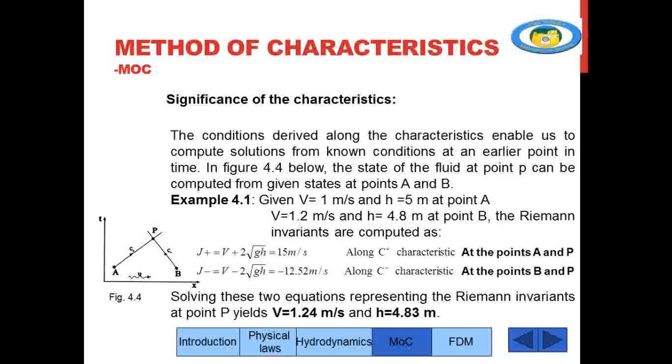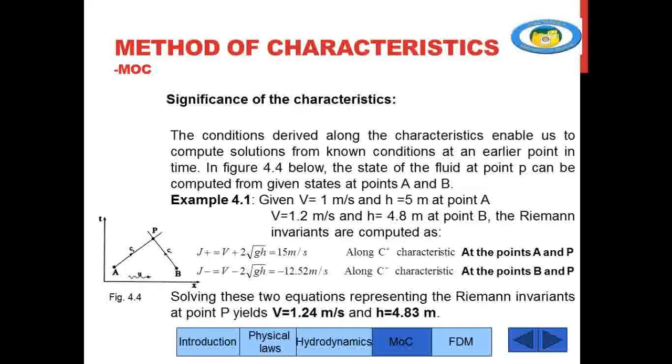That's going to be the velocity at P plus 2 times radical G times HP. Since we know the values at A, we can substitute 1 meter per second for VA and 5 meters for HA. That should give you a value of 50 meters per second for the Riemann invariant along the C plus, along the forward characteristics.